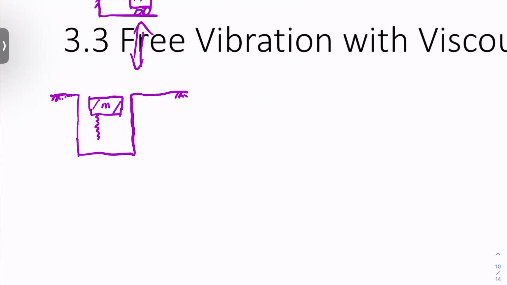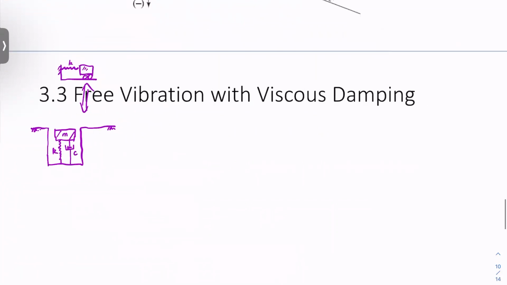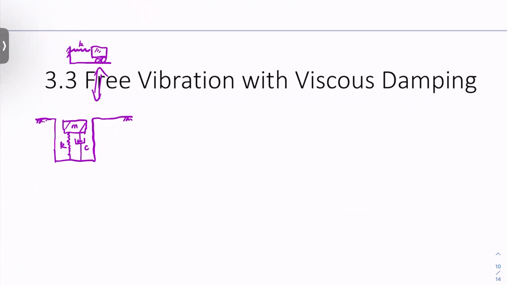For this one, you have the spring K, and you're going to have a beautiful dashpot. Because now we're talking about damping, this is closer to reality, since any material in the world that deforms or absorbs energy could have internal friction.